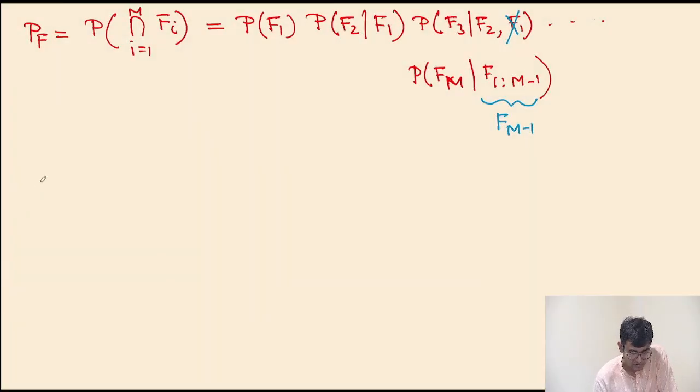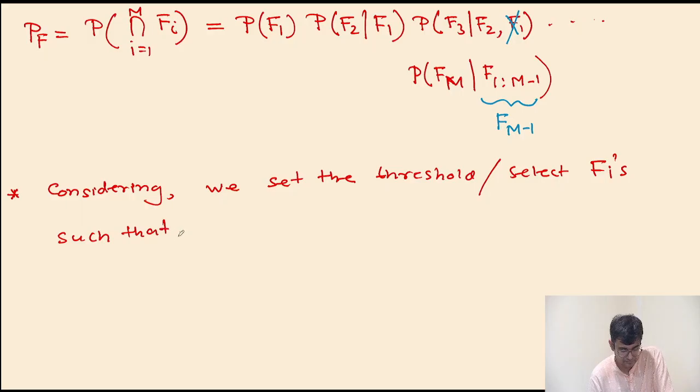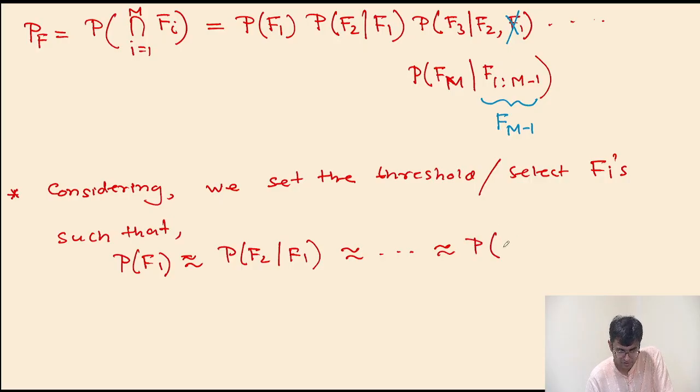So considering we set the threshold, obviously, or to be more specific, I should say select Fi's such that probability of F1 is approximately equal to F2 given F1 is approximately equal to probability of Fm minus 1 given Fm minus 2.